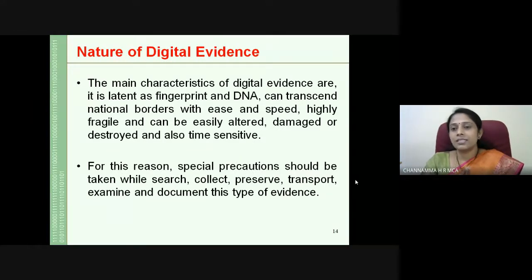This is why it is very difficult, because of the nature of digital evidence. Digital evidence is not visible, right? It is concealed in digital devices. It can be transported, carried from one place to another, and it is concealed like our biometrics.